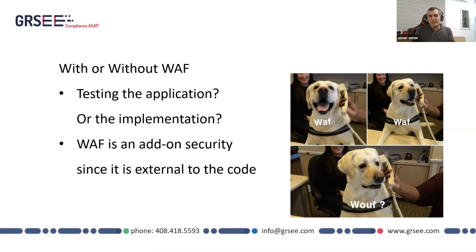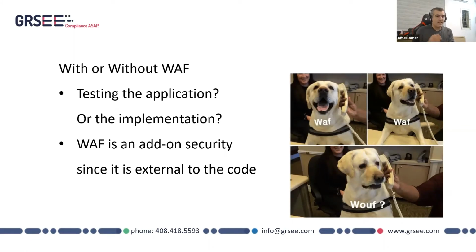Now, this makes the scenario that if a WAF bypass technique is found, then your application has lost the one and only security control you're relying on, and that is way too many eggs for one basket. Now, this is why I recommend considering WAF as an add-on security rather than the main security control. It is good to have, but it is external to the application.